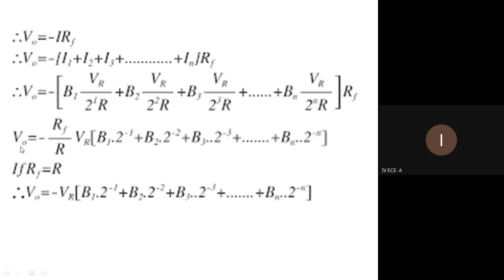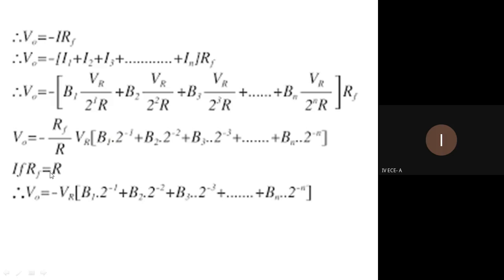Simplifying, we get VO is equal to minus RF by R into VR, taking VR common outside: B1 into 2 power minus 1 plus B2 into 2 power minus 2 plus B3 into 2 power minus 3, and so on up to Bn into 2 power minus n.